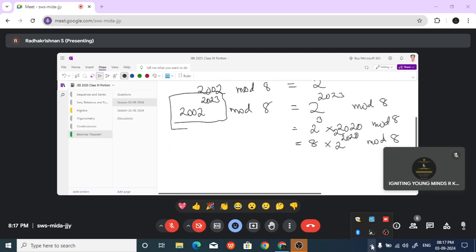Yes, 2 power 2023 is equal to 2 power 3 into 2 power 2020. From the exponents algebra, you would have read about it.